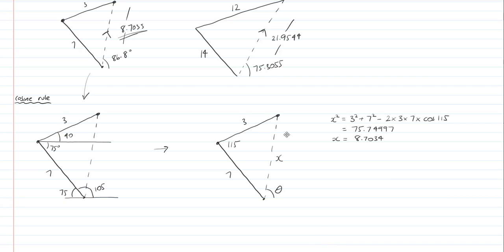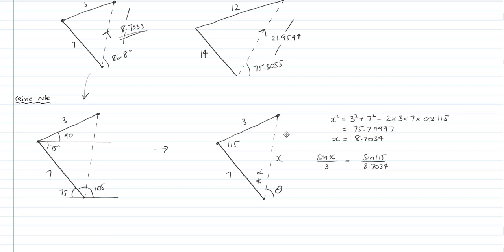This angle will represent the angle of the addition. To find it, I'm going to find this angle, which I'll call alpha, and then subtract that from 105, because the total angle there is 105. So sine of alpha over 3 is equal to sine of 115 over x, which is 8.7034.